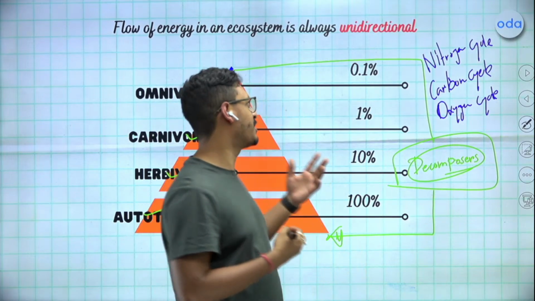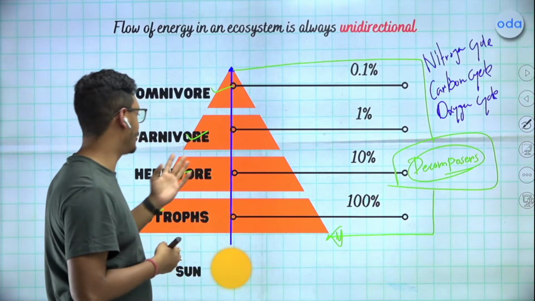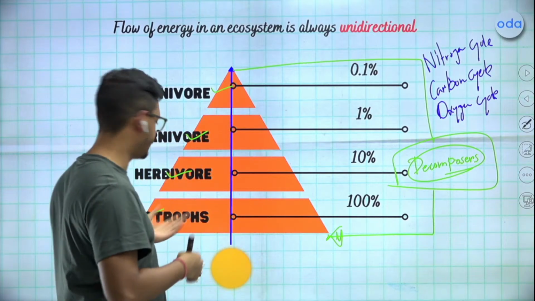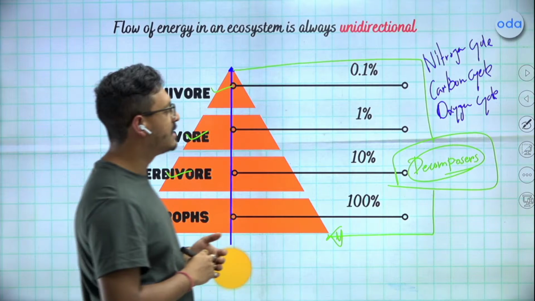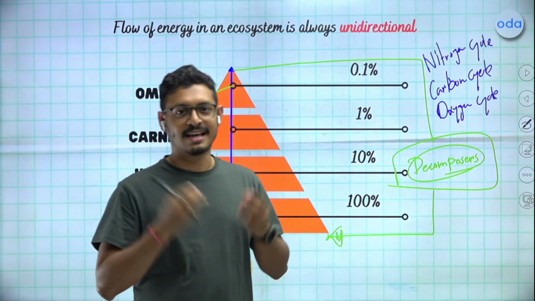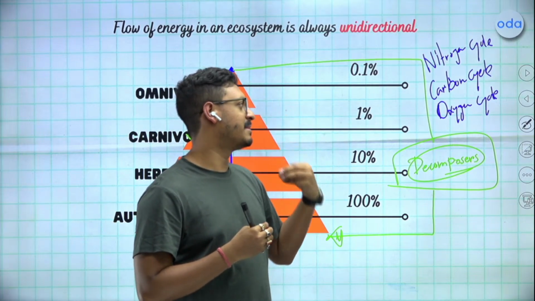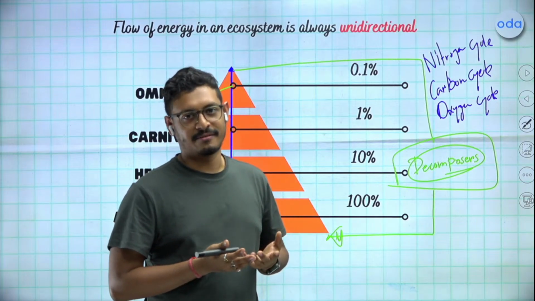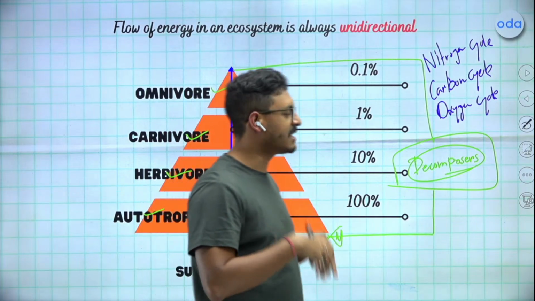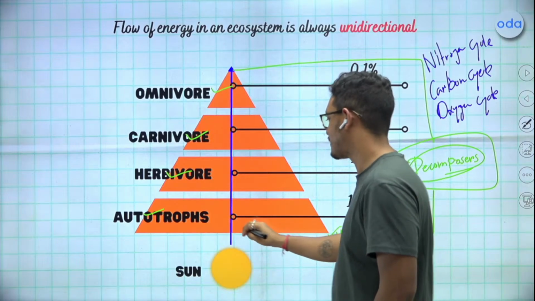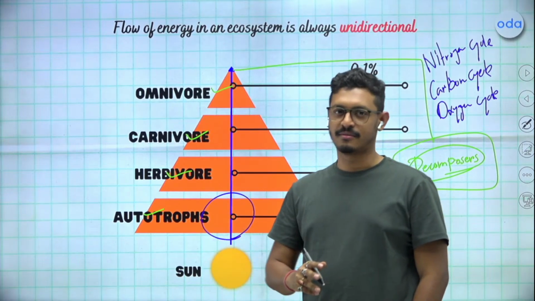When they break down the body of an omnivore, carnivore, herbivore, or autotroph, their bodies will release elemental nitrogen, carbon, and oxygen back into the environment, which will again be taken by autotrophs, and this cycle will continue.